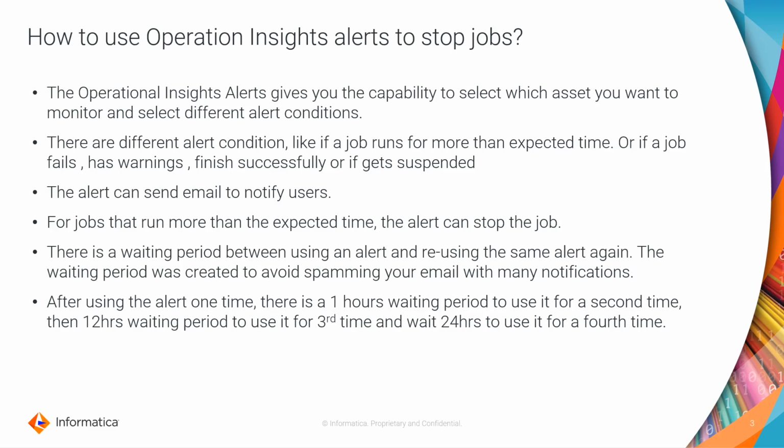Then if you use it for a second time, you have to wait 12 hours to use it for a third time. And then you will have to wait 24 hours if you want to use it for a fourth time. So this was done to avoid spamming your email. And now I am going to do a little demo so you see how you can set all these configurations.